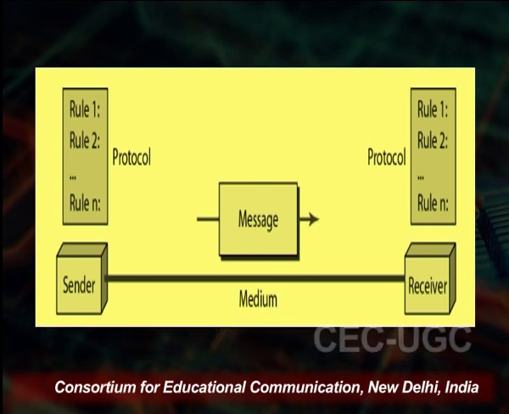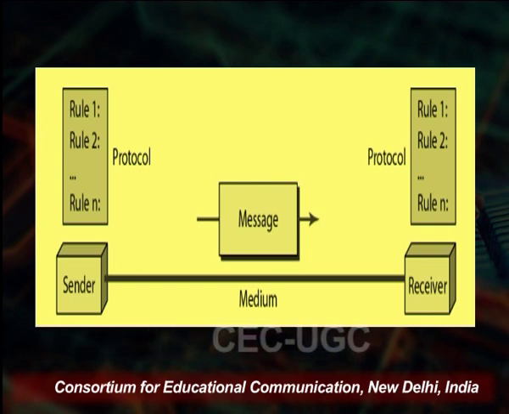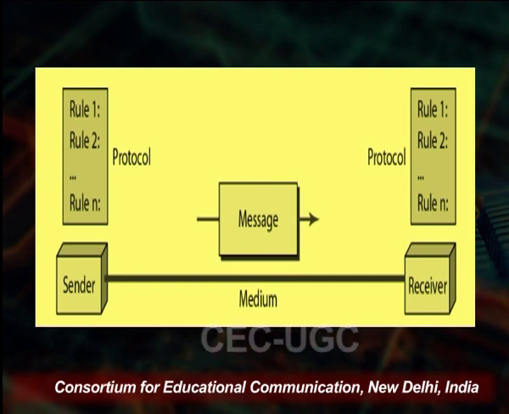Fifth is protocol. Now, on the sender side and also on the receiver side, you can see a set of protocols. The set of protocols is shown here as a block structure with a very elementary idea, which says there are certain rules, rule 1, rule 2, rule 3 till rule n, which are followed by the sender, and also by the receiver, and this whole communication is governed by this set of rules, and this set of rules is what we call protocol.